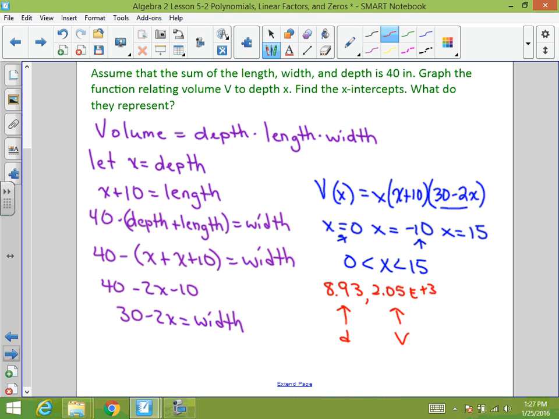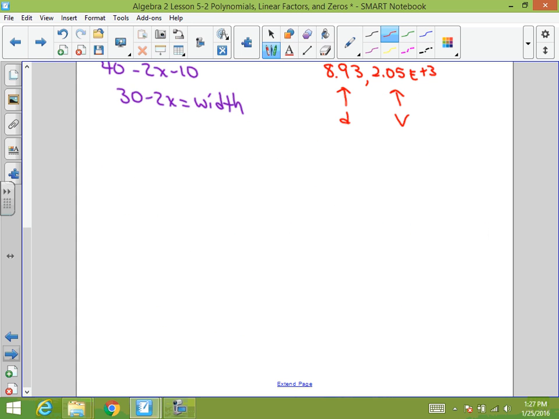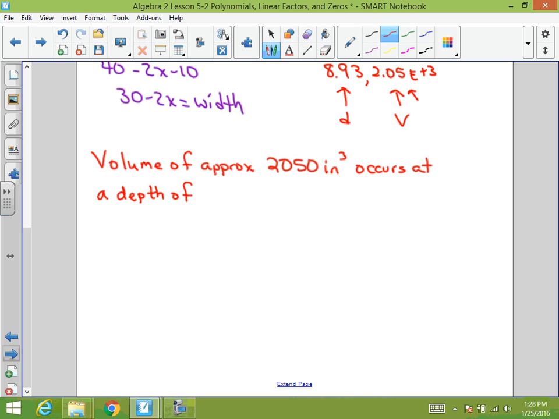So now that we know, my volume of approximately 2050 cubic inches, because that's what you do when you get this out of scientific notation, occurs at a depth of about, and I'm just going to round it to 8.9 inches.